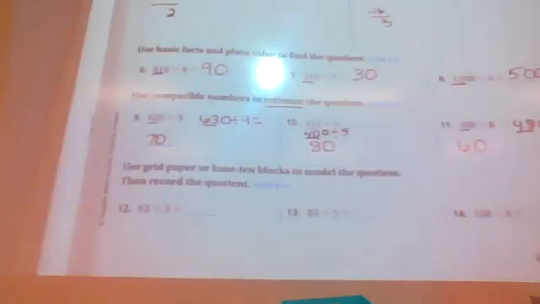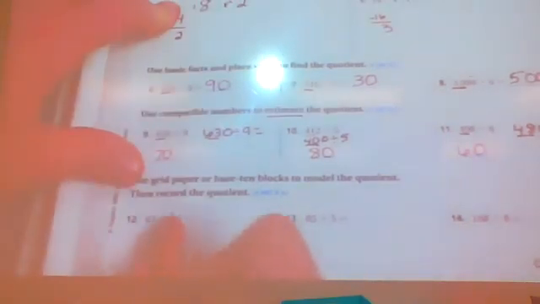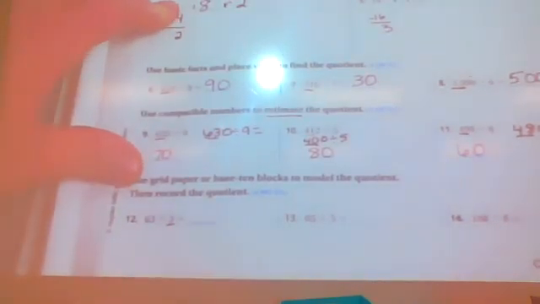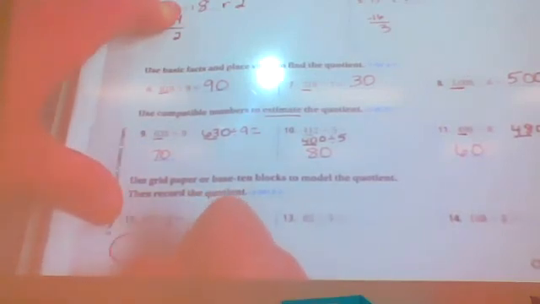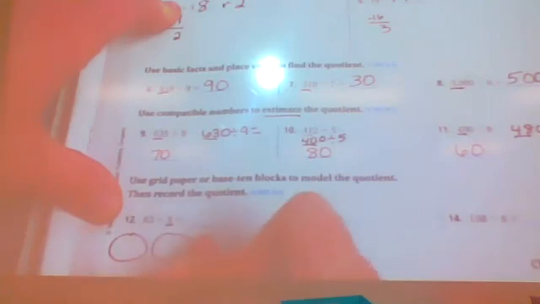So, if I want to do 63 divided by 3, my divisor is 3. So right away, I'm going to have 3 circles. 1, 2, 3.